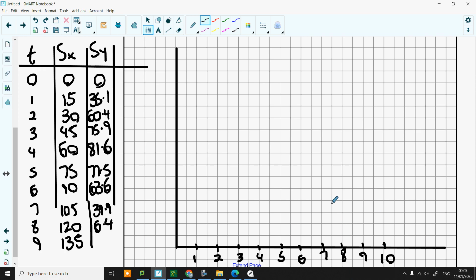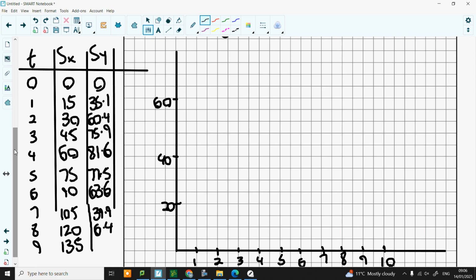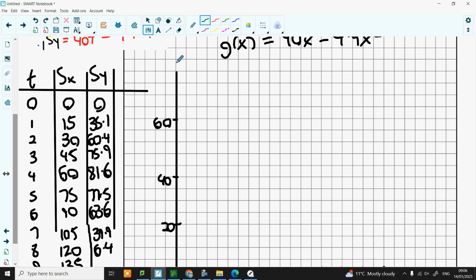All the way to 80, is it? Should probably stretch this as best I can. So I might make each block worth 5. What's that? 60. Just about have enough to get to 80, don't I?